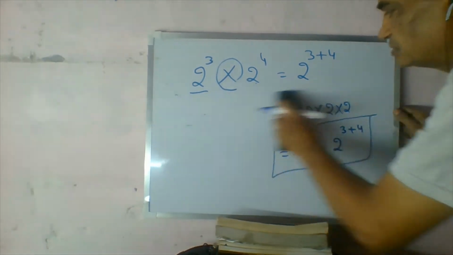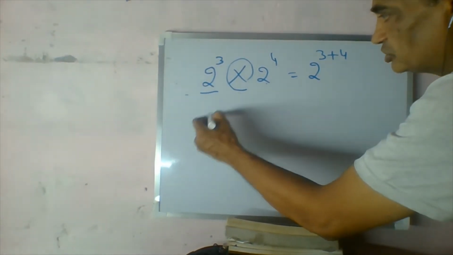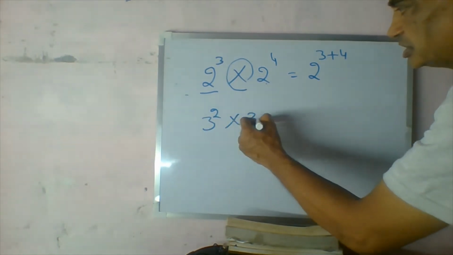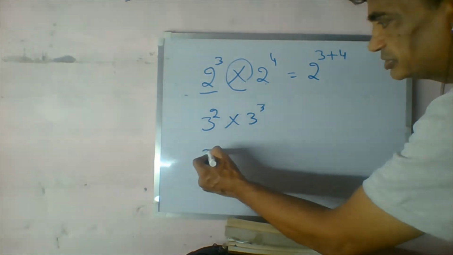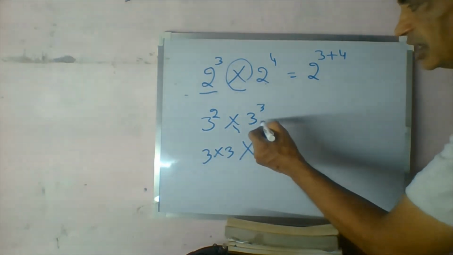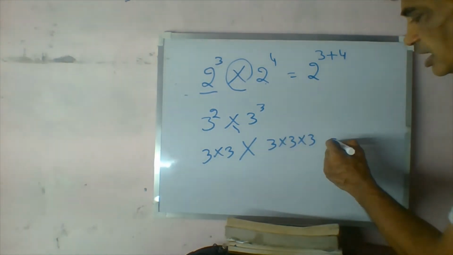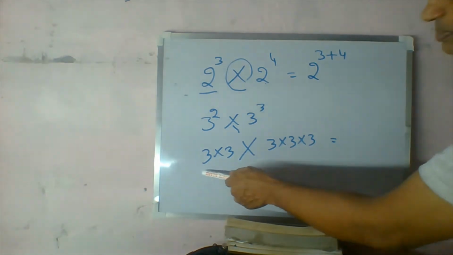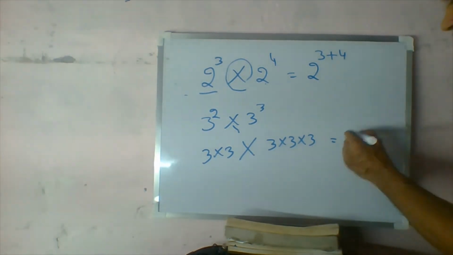Let us try to solve one more example. Say 3 raised to power 2 into 3 raised to power 3. So obviously it will be 3 into 3, and this multiplication, 3 into 3 into 3. And by convention, if we have to multiply 5 threes together, we can write it as 3 raised to power 5.